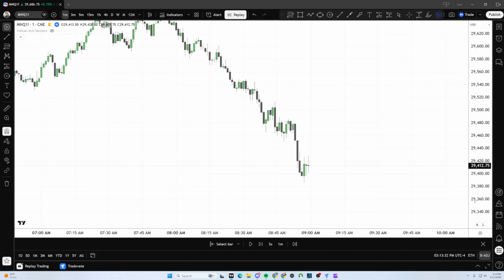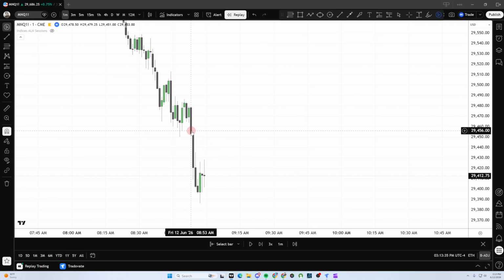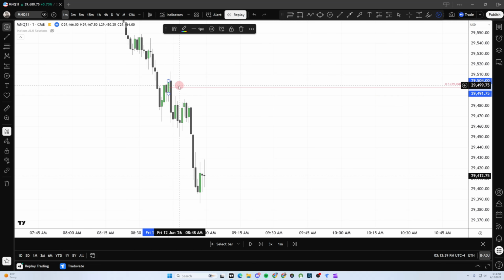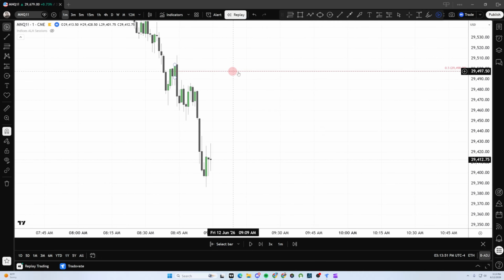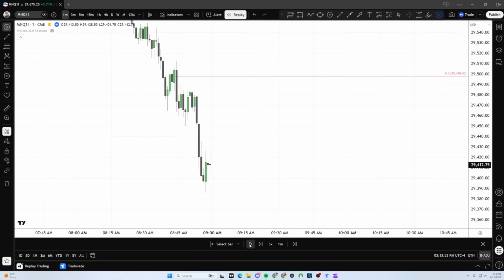So there's two different ways to trade this. First is using the last up close here, the midpoint of that up close body's range at 29,498. That's a possible short. So let's move forward a half hour and see how this plays out.